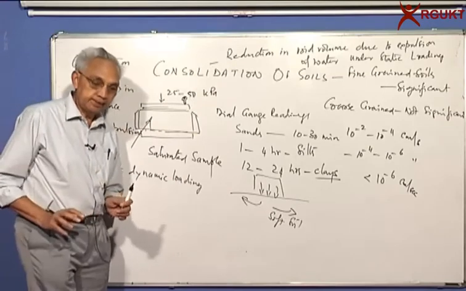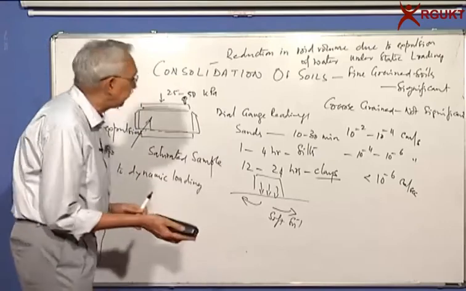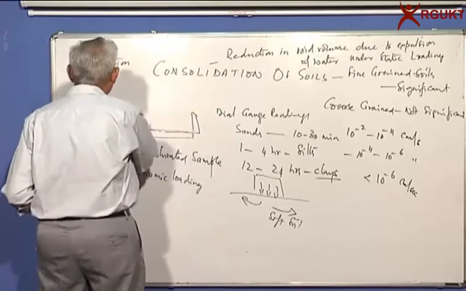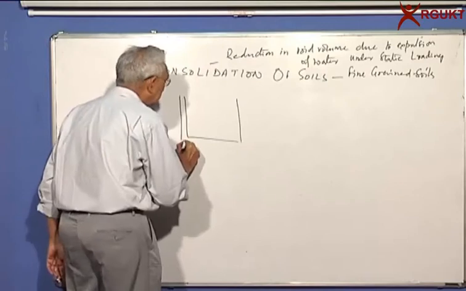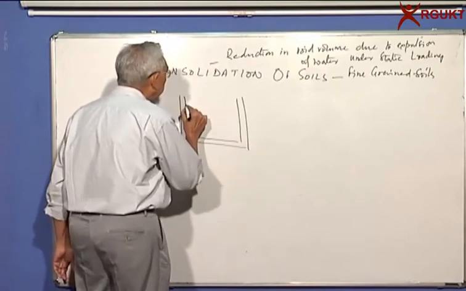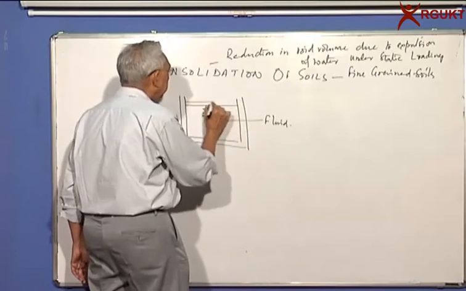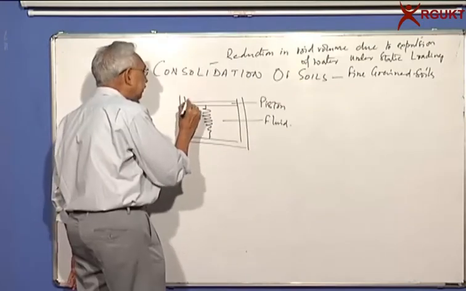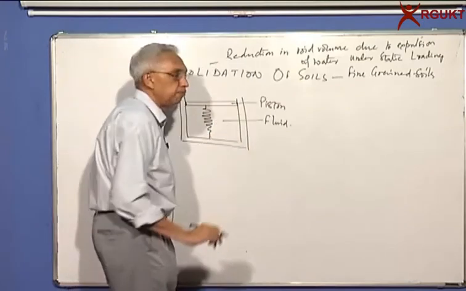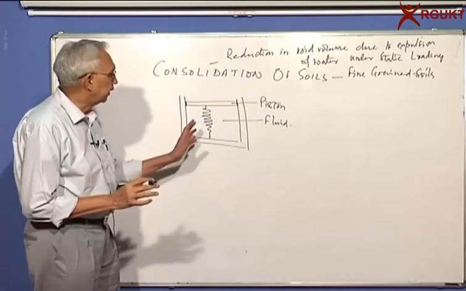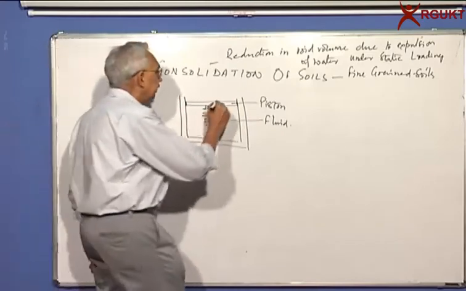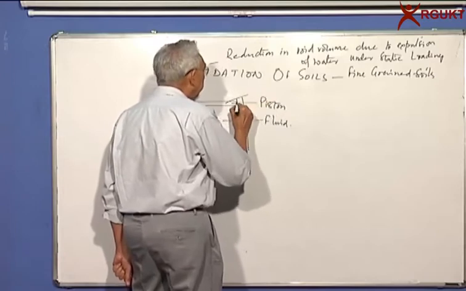To illustrate this phenomenon, we have a very simple analogy for consolidation. Take a cylinder with thick walls, fill it with fluid, and I have a small spring here, and I have a piston. This piston just fits in, there is no gap between the cylinder and the piston, so this is a very smooth one, but with no gap.